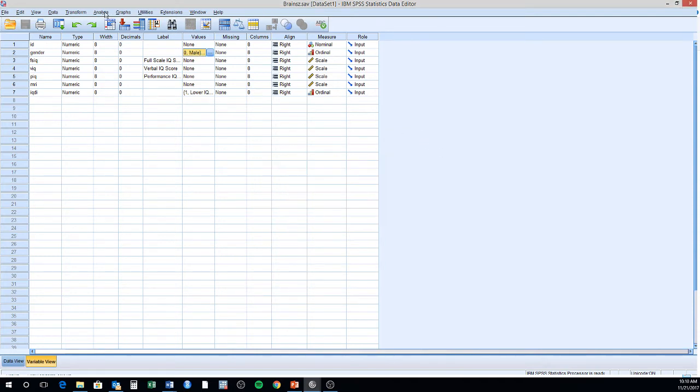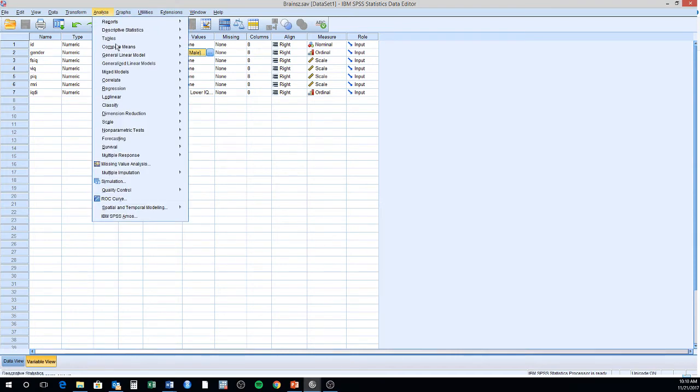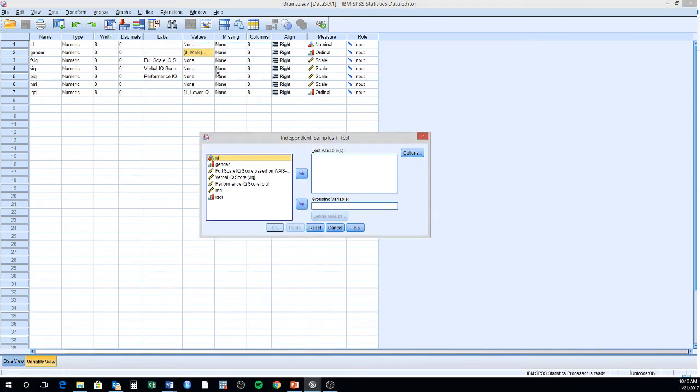So now we're going to go to Analyze, Compare Means, and you're going to click on Independent Samples t-test. The test variable is the variable that you're comparing. In this case, it is the full scale IQ score. The grouping variable is the groups, and that is gender.